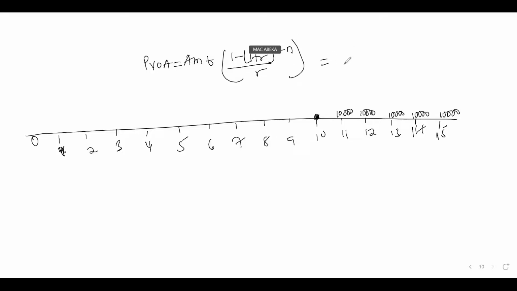So the amount is 10,000. The interest rate per the question was 20%. So 1 minus 1 plus 0.2 raised to the power minus 5, all over 0.2. The 10,000 is just for those 5 years.